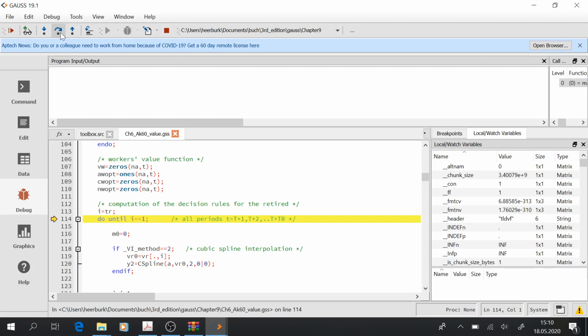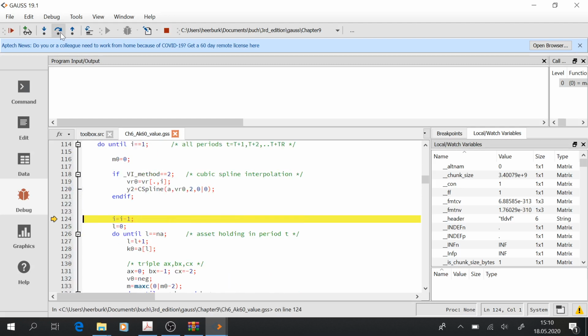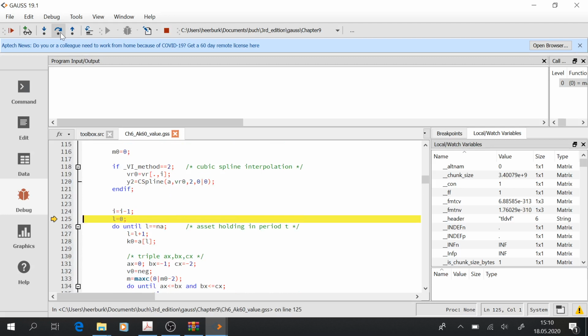And we use the value of the value function at the grid points in period 60 to compute it. So let's start the loop. I is our age. Our age now is 19. So the 19th period of retirement, which corresponds to the 59-year-old household.